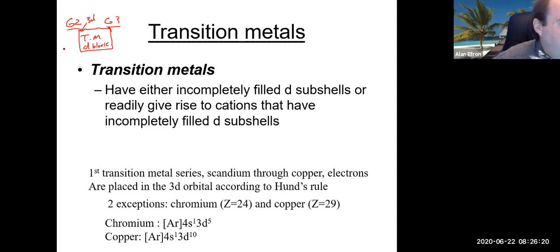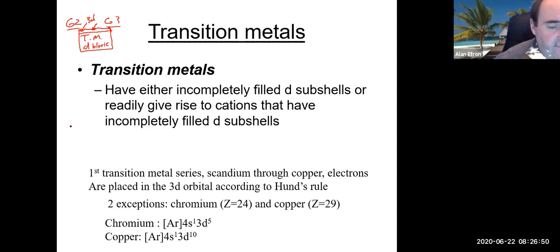There are some exceptions to the normal electron configuration in the transition metals. The 2 most common ones that we deal with are chromium and copper, in the first period of the transition metals. So right about here, the first row, is referred to on the periodic table. Chromium has 24 electrons and copper has 29 electrons.